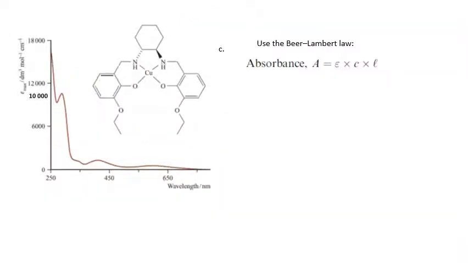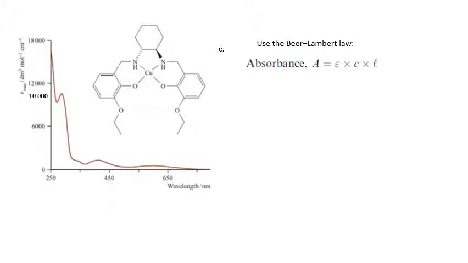Now coming to the last part of the question, which asks you to calculate the absorbance value. You have to calculate the absorbance of this band, at this wavelength. The 292 nanometer absorption band, you have to calculate the absorbance at this region.